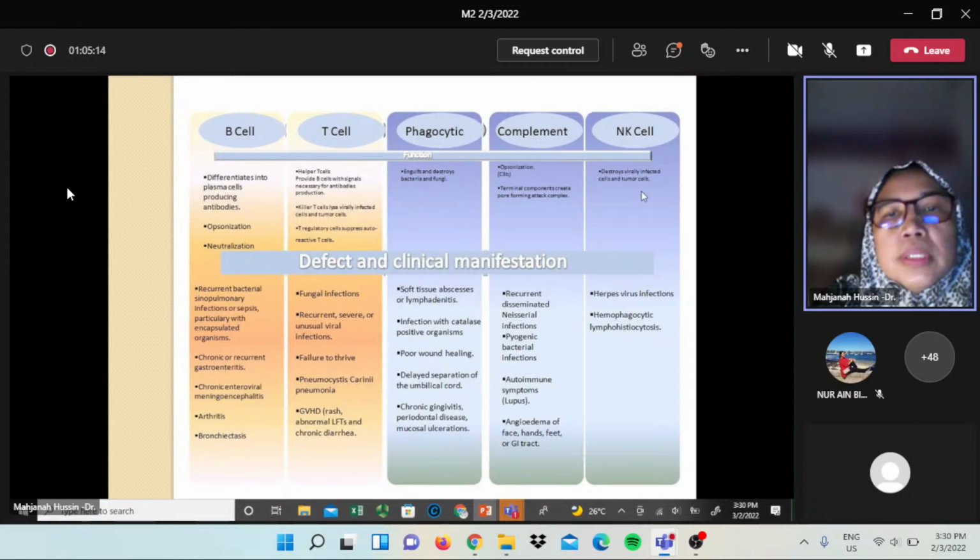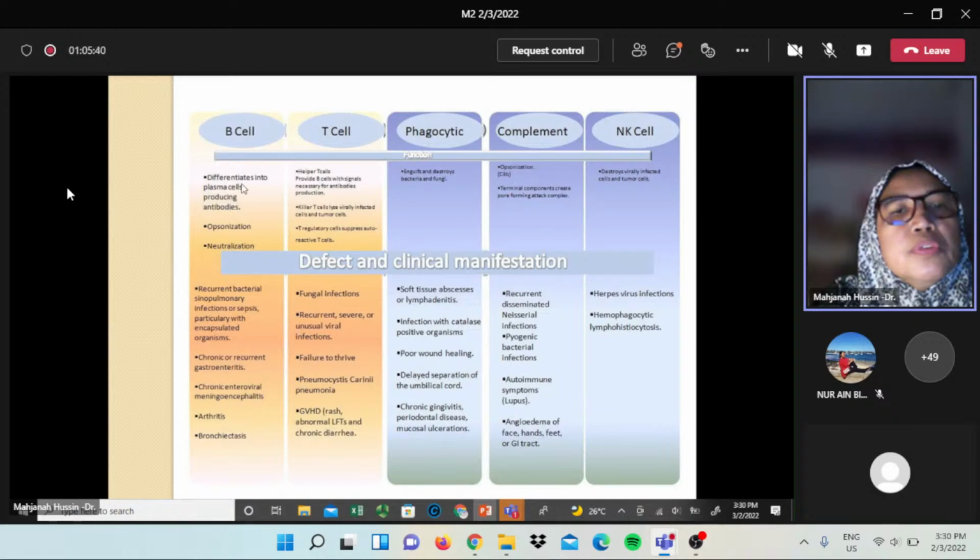At the bottom, the first row is their function. Because of this function and their characteristics, if there is a low amount of these cells, you will get this kind of clinical manifestation. That means B cell, the function is neutralization, opsonization, and producing antibody.